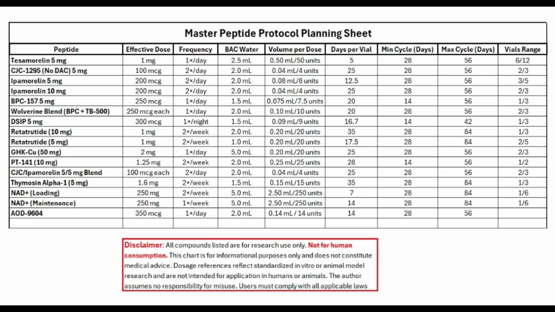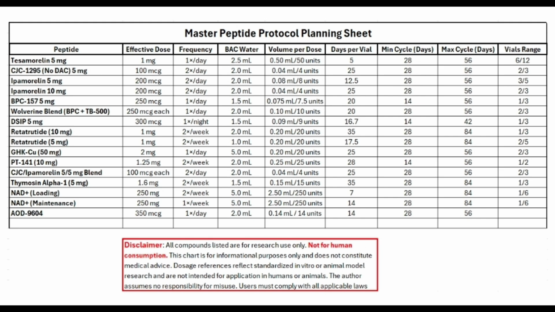Tesamorelin, like I mentioned earlier, is probably one of the most acidic peptides there is. So even at 2.5 mLs, you still will get a reaction from Tesamorelin. So 2.5 mLs and 5 milligrams of Tesamorelin. If you draw 0.5 mLs of this reconstituted peptide, that will be 1 milligram of Tesamorelin.